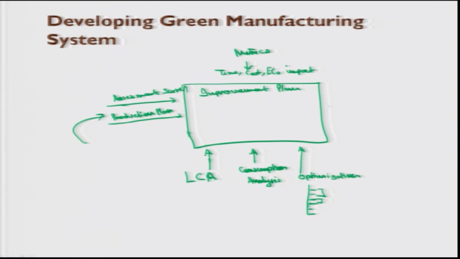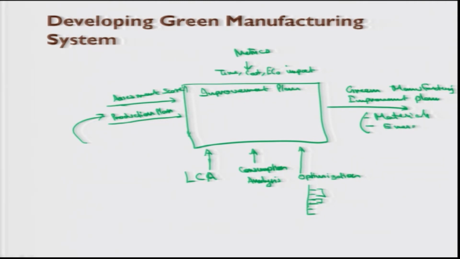What we will have finally here is a green manufacturing improvement plan: an improvement plan for materials, for energy, for processes, or maybe I would say technology here.